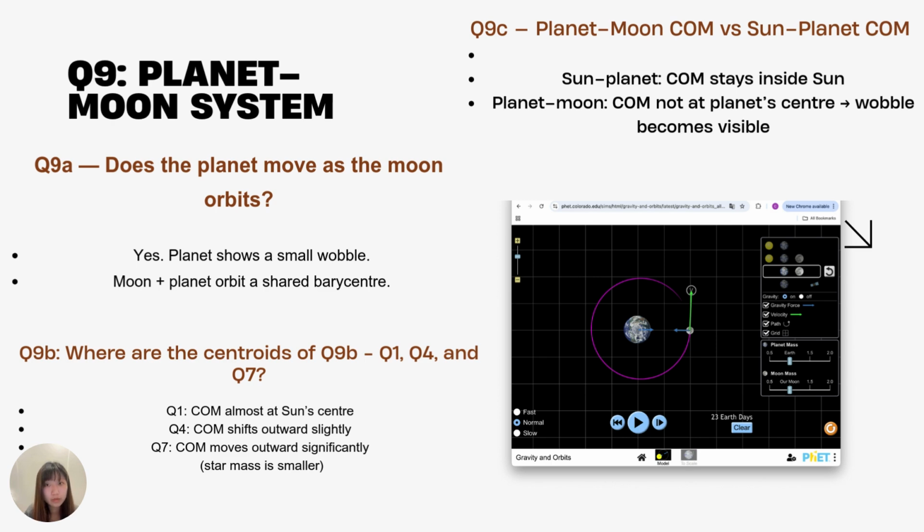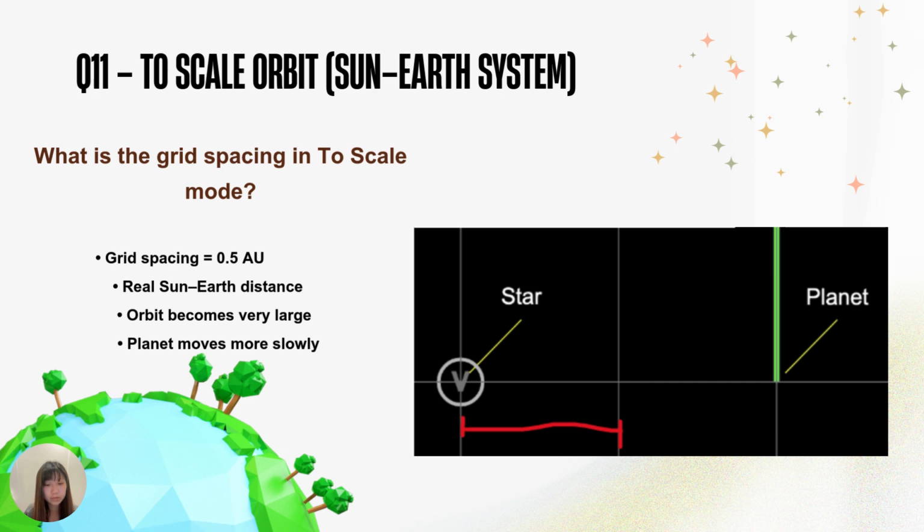In the sun-planet scenarios from questions 1, 4, and 7, the center of mass stays very close to the center of the Sun because the Sun is so massive. However, in the planet-moon system, the masses are more similar, so the center of mass is not at the center of the planet. This is why the planet shows a visible orbit as the moon orbits.